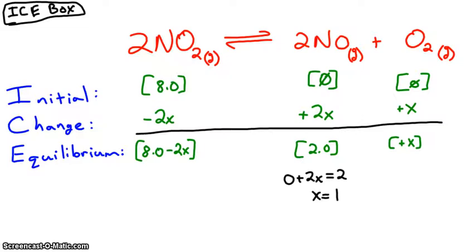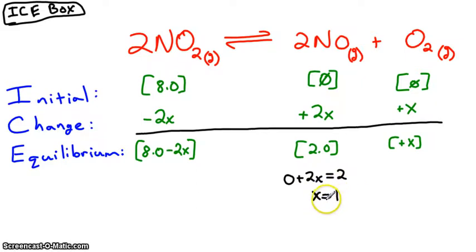Now to calculate K, we need the equilibrium concentrations of all of the gases. Since we were given the equilibrium concentration of the NO gas, and the initial combined with the change gives us the equilibrium concentration, 0 plus 2x equals 2. Knowing this, we can solve for x being 1.